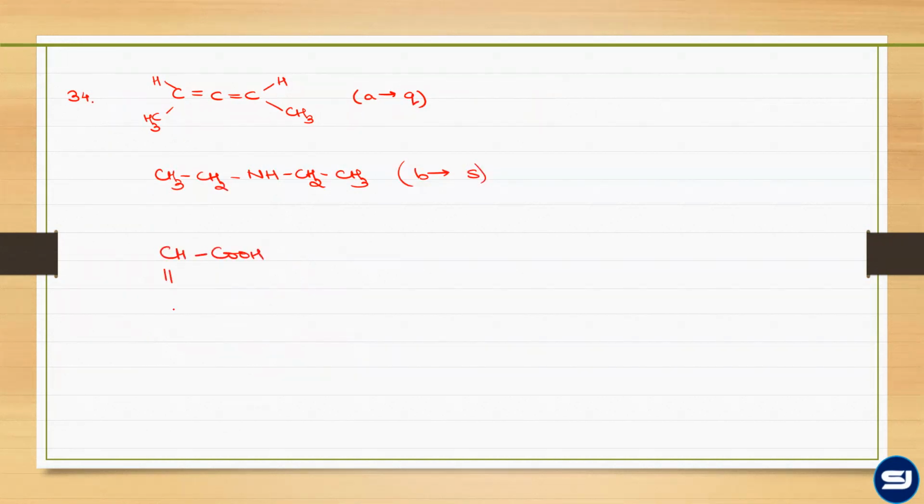Then we have the famous unsaturated dicarboxylic acid, which can show P, geometric isomerism. And if this is cis, what was the name? Maleic. And trans was named as Fumaric.